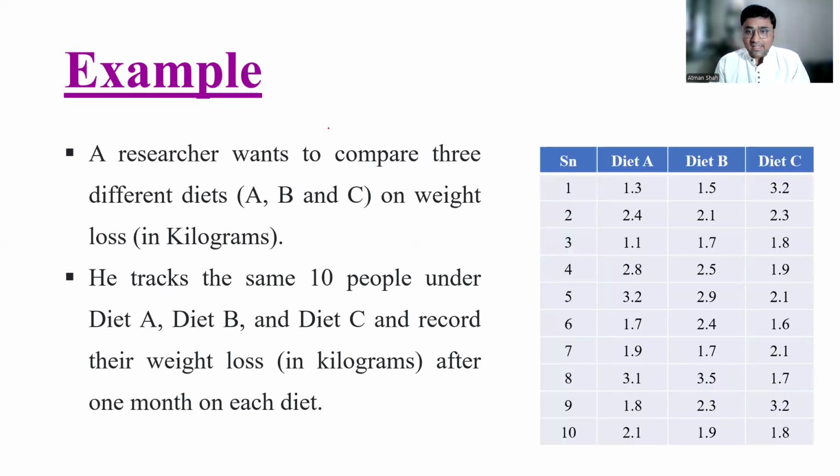See this data, here we have 10 observations, their weight loss after diet A, diet B, and diet C. Therefore we have three or more repeated measures data. Here we are collecting the data from the same observation after diet A, B, and C.